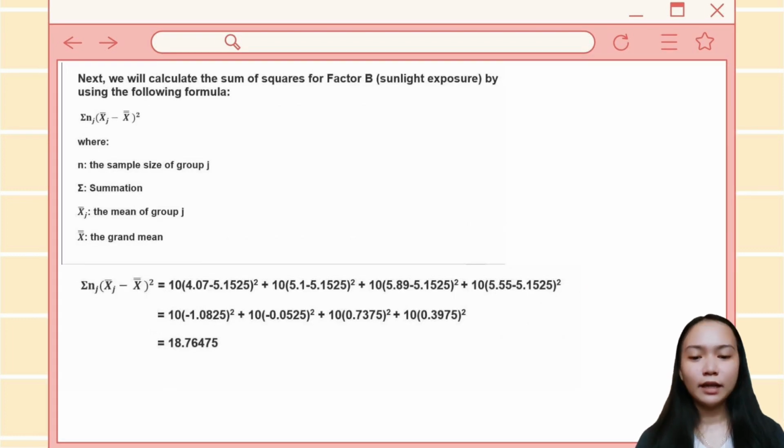Next, we will calculate the sum of squares for factor B, sunlight exposure, by using the following formula, the same as we used when we solved factor A, which is the watering frequency.